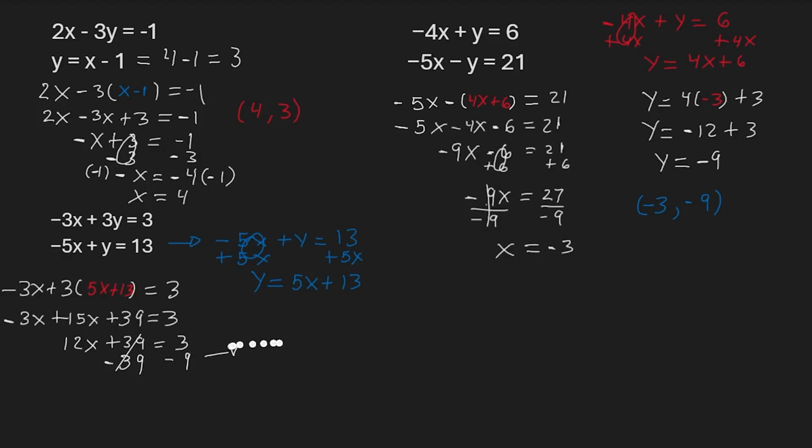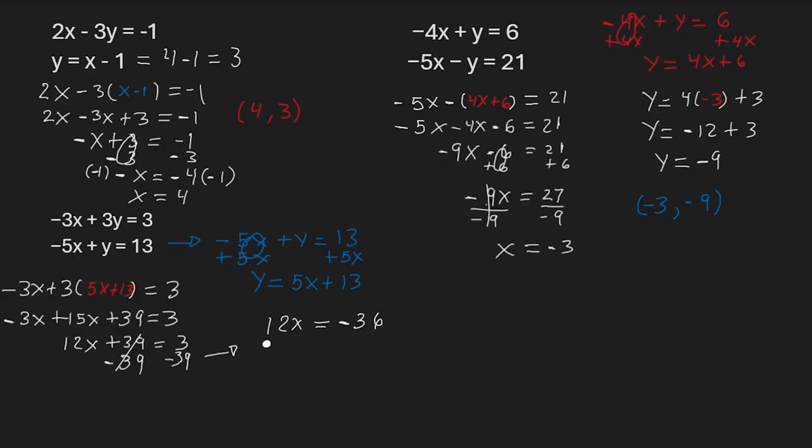That's how you're going to end up with 12x equals, and now can you see that 3 is positive and 39 is negative? They have different signs. Subtract, that's how we're gonna get 36. And we're gonna keep the sign of the biggest number, right? The biggest number is negative, so it's gonna be negative 36.